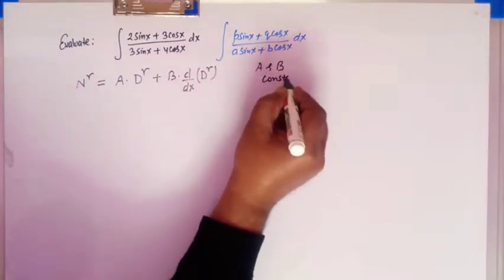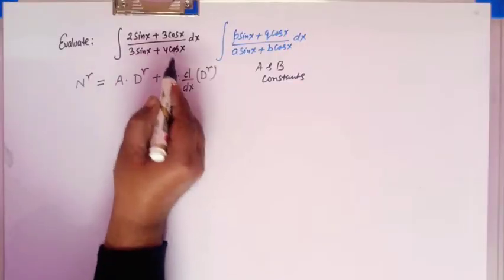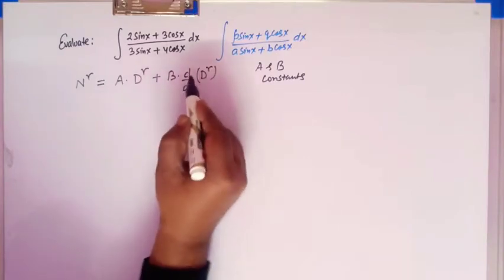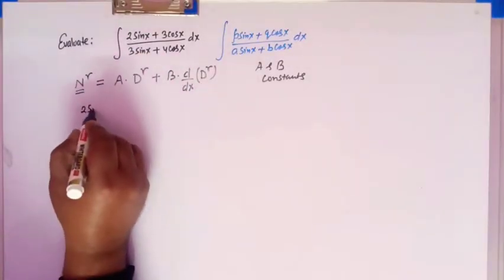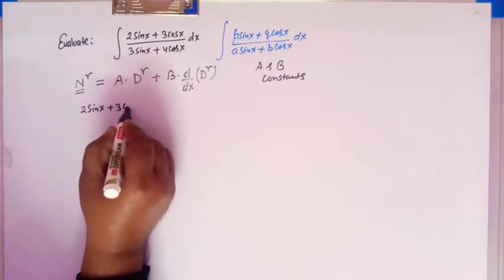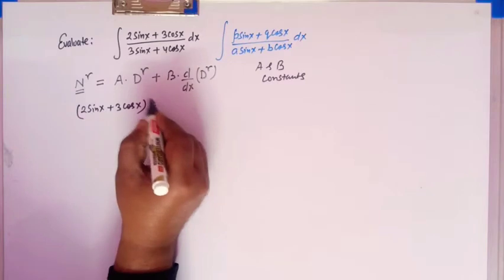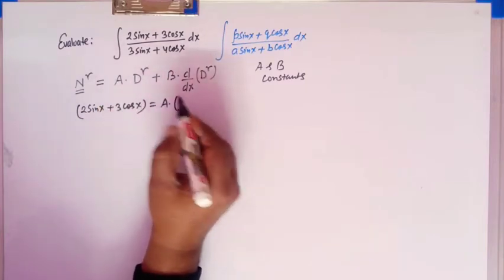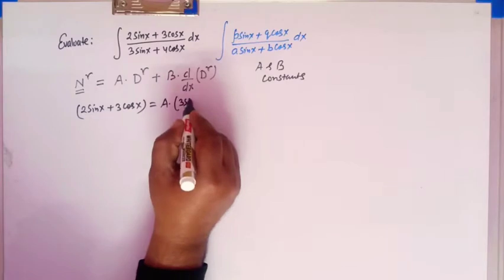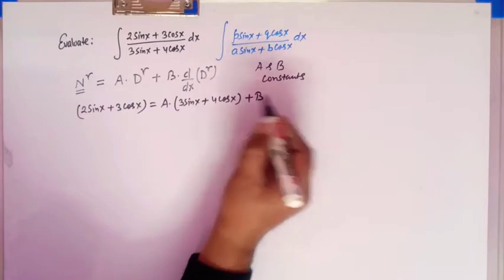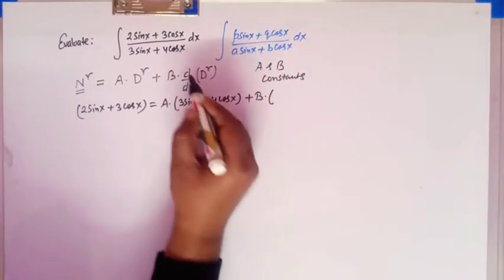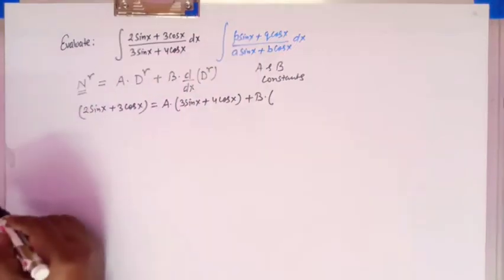So the numerator 2 sin x plus 3 cos x is equal to a, the constant, times the denominator 3 sin x plus 4 cos x, plus the constant b times the derivative of the denominator.